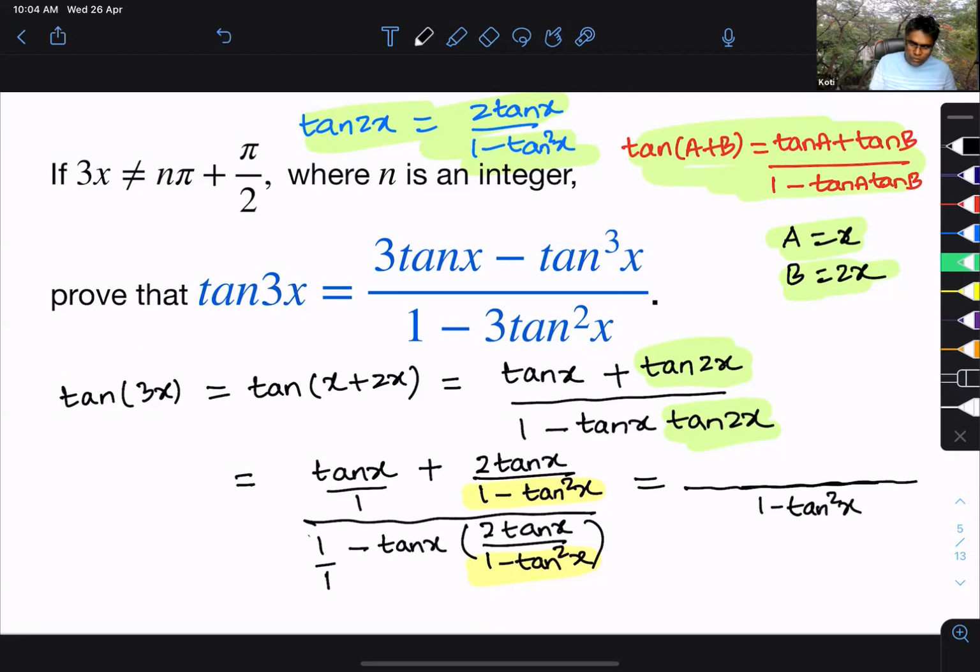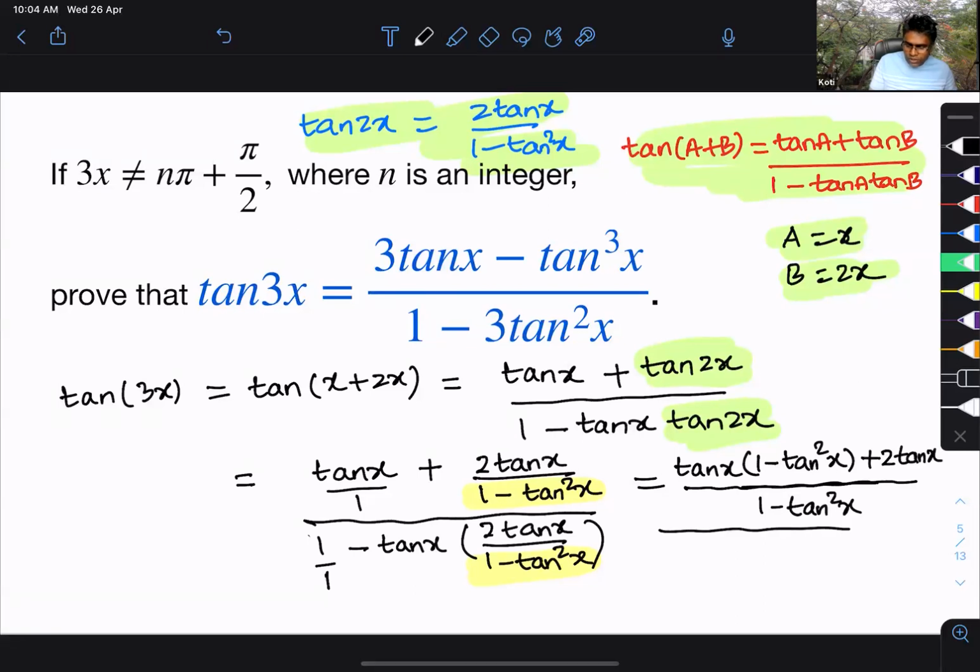In the numerator of the numerator, you have tan x multiplied by 1 minus tan square x plus 2 tan x.